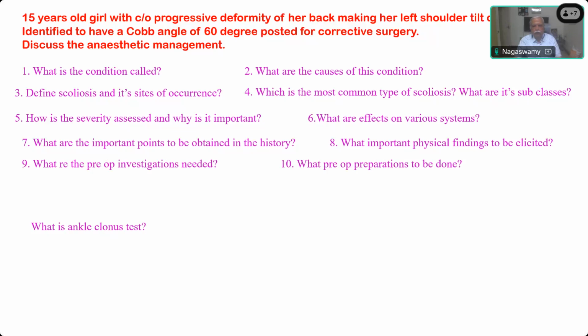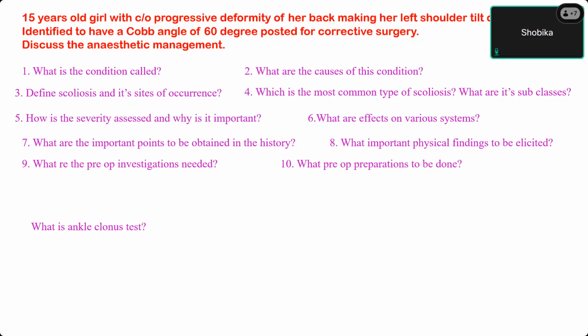Any pre-op preparations needed in these patients? Yes, sir. We should prepare the patient both physiologically and psychologically, if there is going to be a wake-up test, sir. Physiologically, we should encourage the patient to do incentive spirometry, breathing exercises, and to encourage coughing.